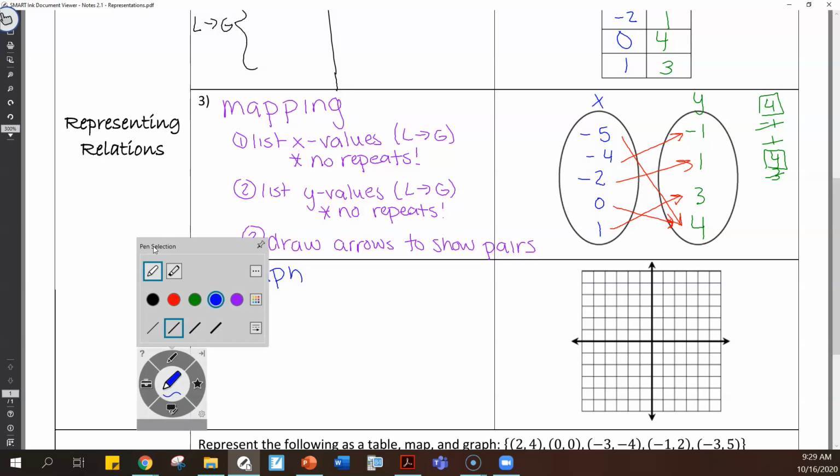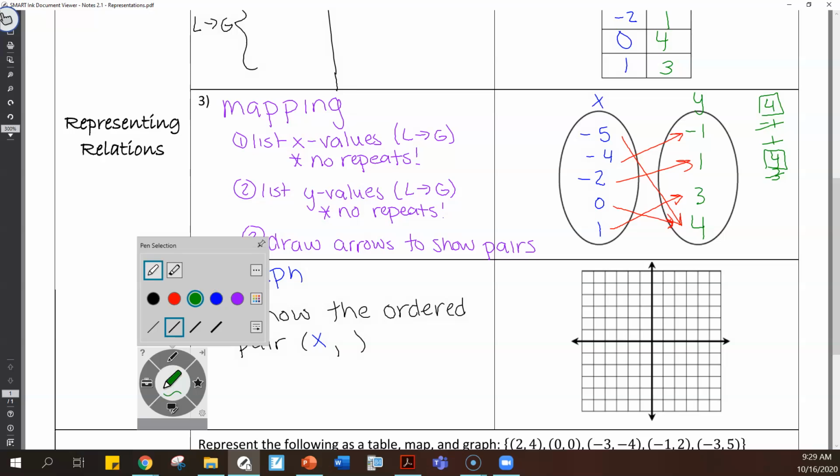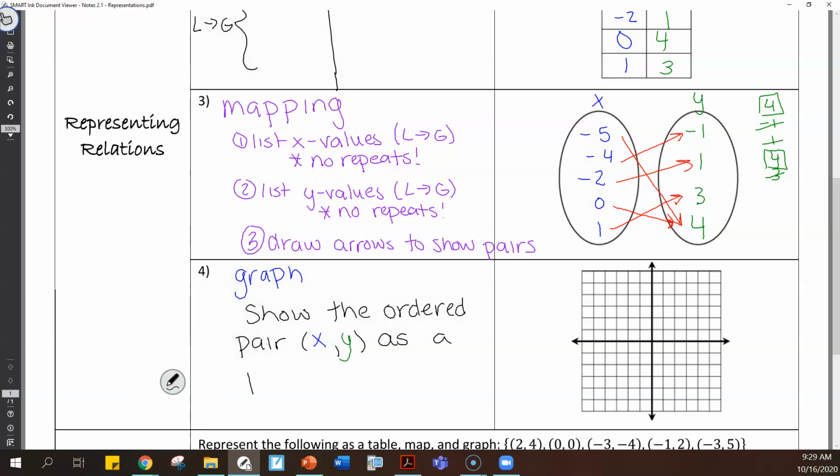Remember that when you are graphing an ordered pair, which is given as x then y, I'm going to show it as a point on the graph, or on the coordinate plane.